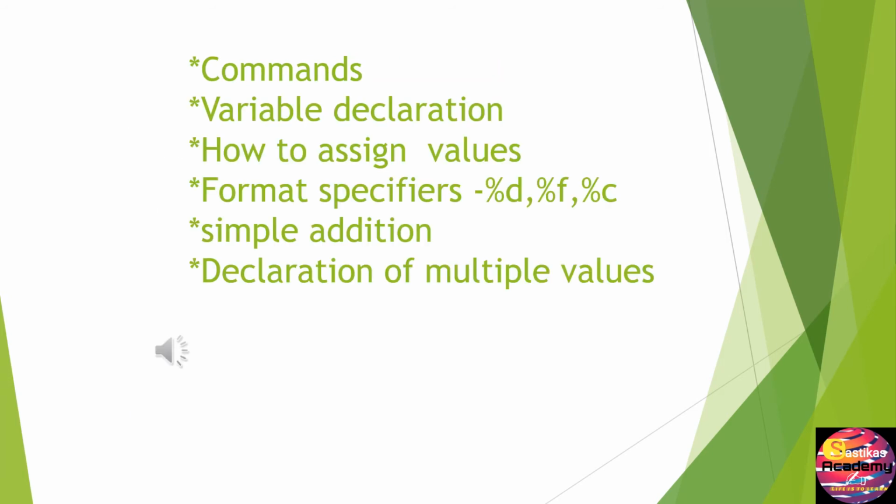In the next program, we are going to see how to use comments in the program, variable declaration, how to assign values, what format specifiers are, a simple addition, and declaration of multiple values.